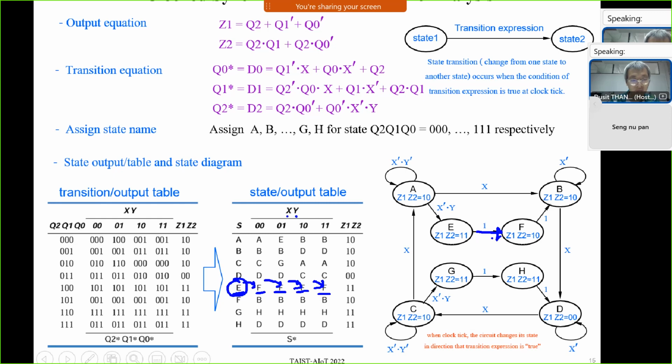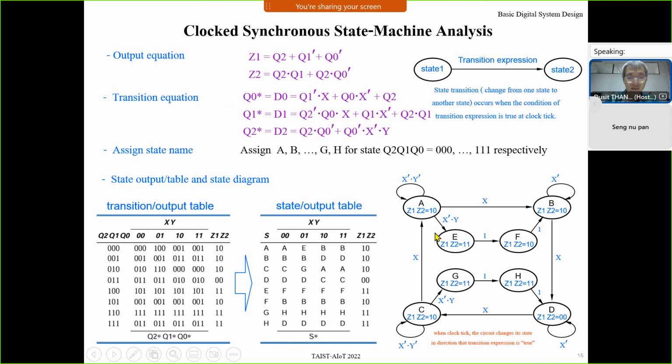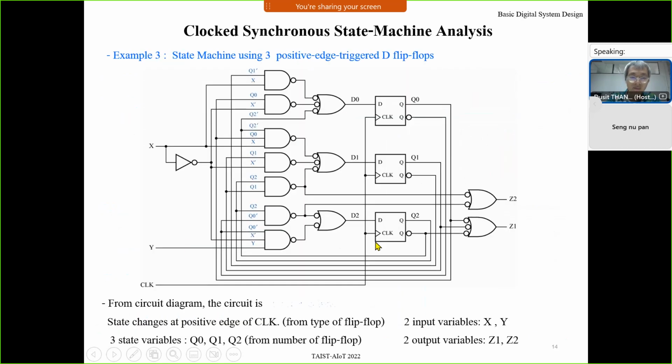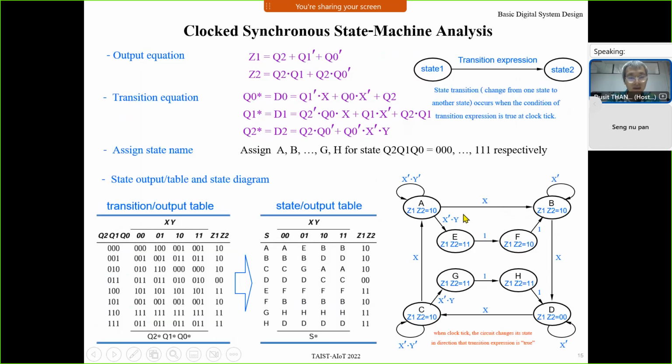Just wait for the clock tick to change the state E to F. That means you can write in this style: input variable equal to some value, or write in this transition expression style.